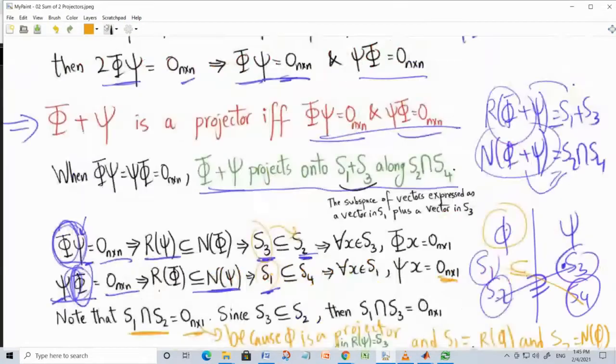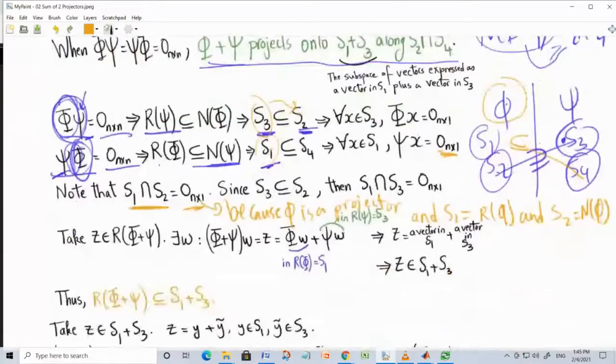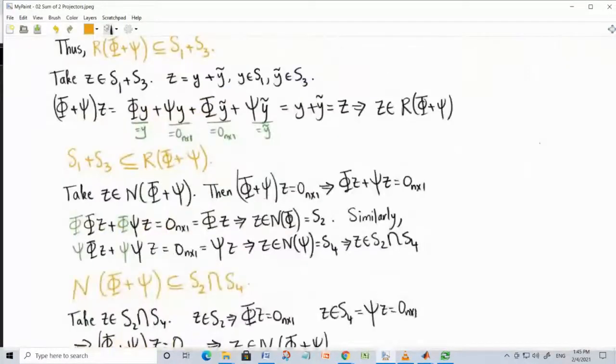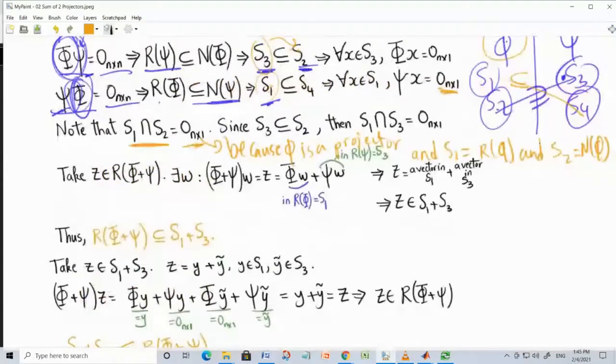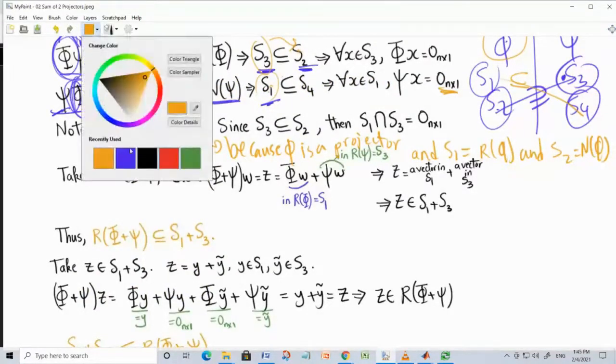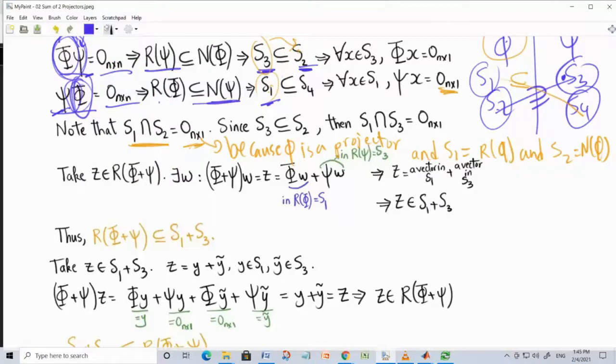Okay, so let's now try to show those equalities, and we will show them by showing 4 inclusions. Let's do them one by one. Take a vector z in the range of phi plus epsilon.